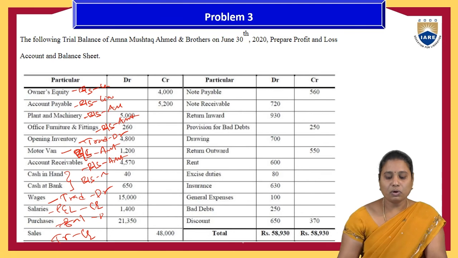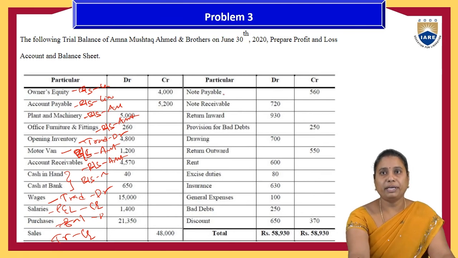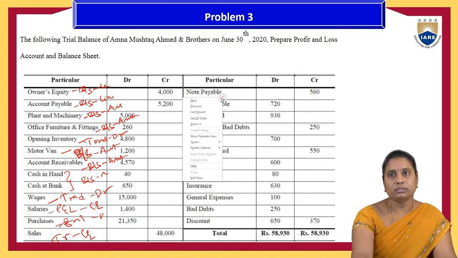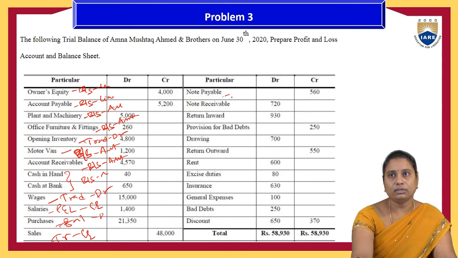So from all this, note payables, that is account payables, are all called the creditors, in the balance sheet. Note receivables in the balance sheet, these are all the liabilities, and here it is the assets.